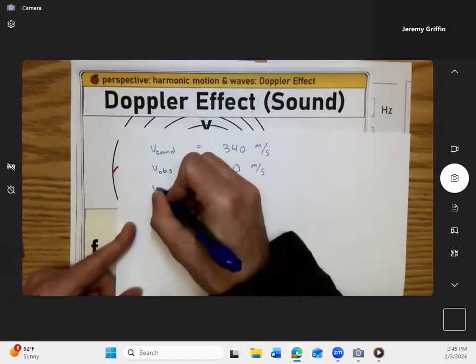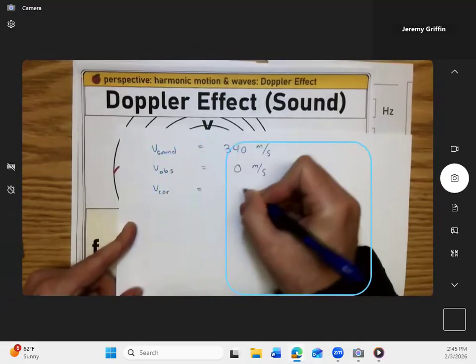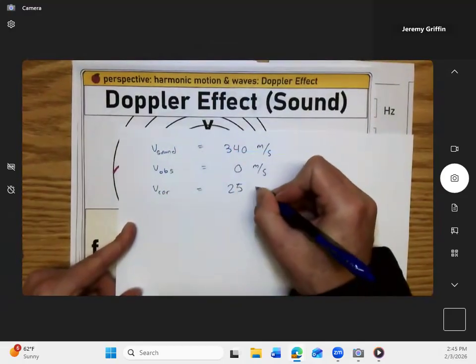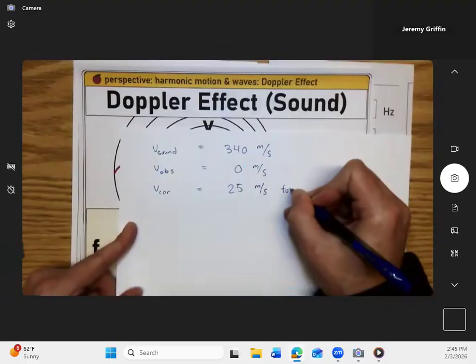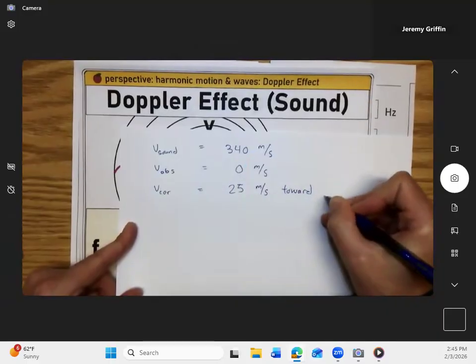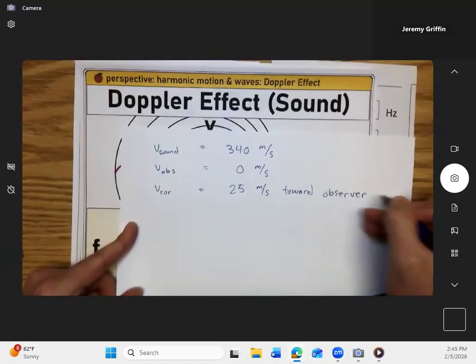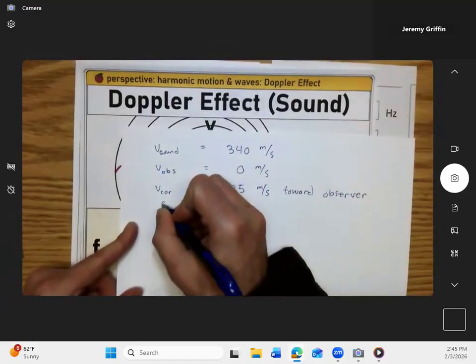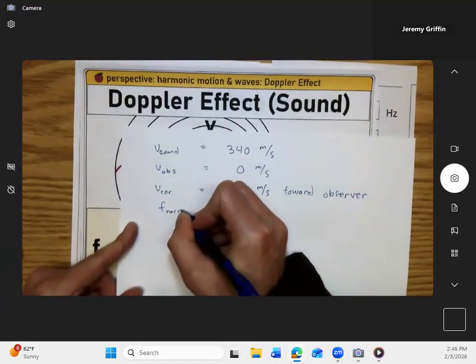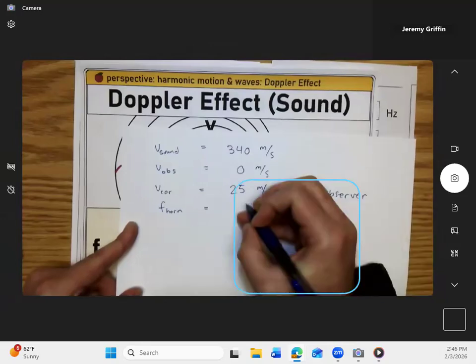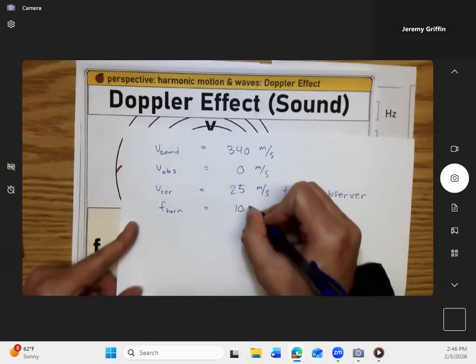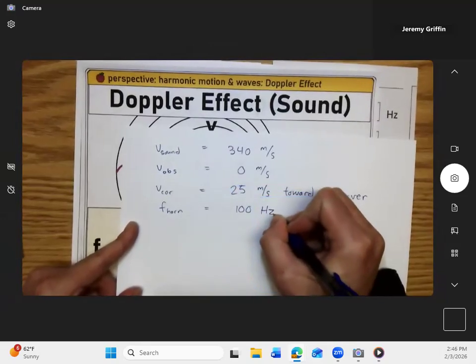But the velocity of the car is 25 meters per second toward the observer, so that it matches my picture. And one more thing: let's say the frequency of the car horn is 100 hertz, whatever that sounds like.